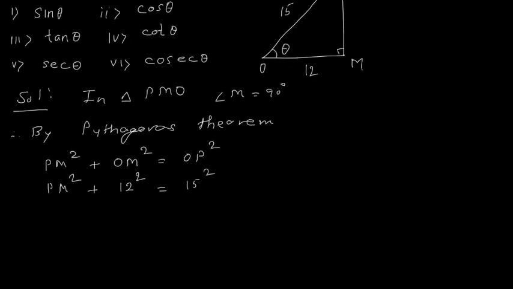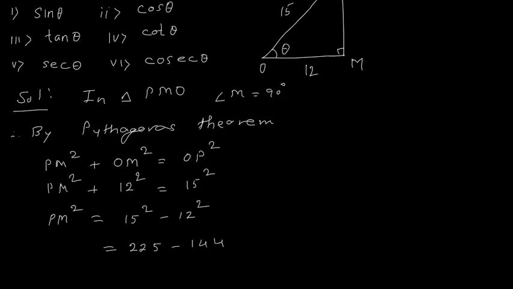Okay, now PM square is not known, so it will remain as it is. This will be equal to 15 square minus 12 square. Now the value of 15 square is 225. I hope you learn all the squares till 25. Minus 12 square is 144.